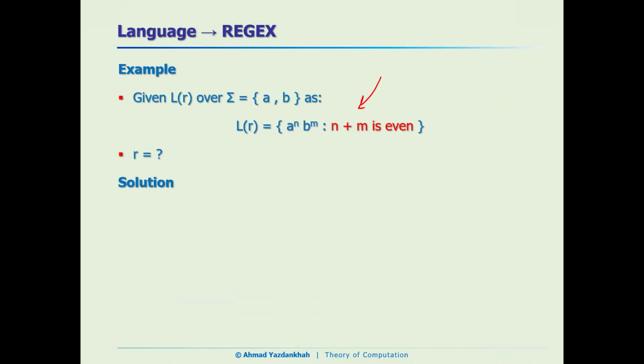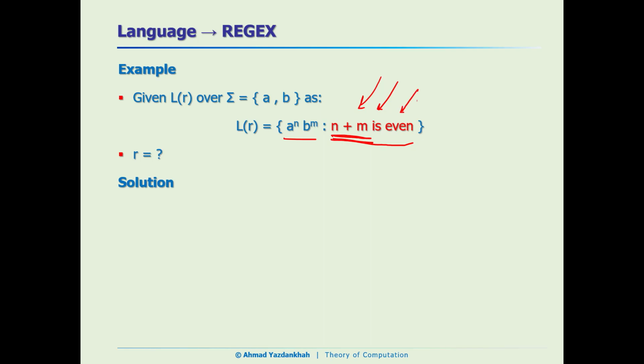Now, again, we have a little bit more complicated constraint here. We have A to the N, B to the M, but we know that N plus M is even. How can I simplify this? I need to think about how we can add two numbers and get an even number.